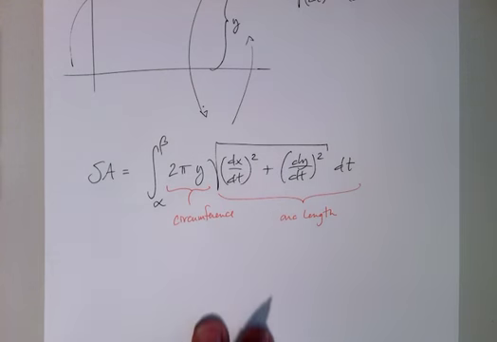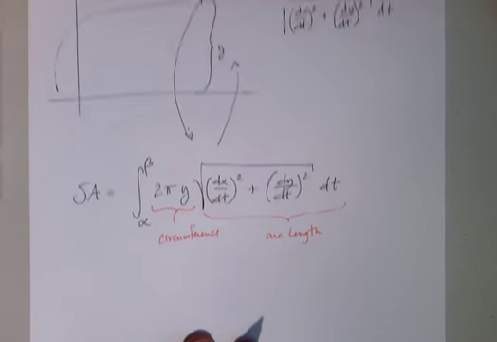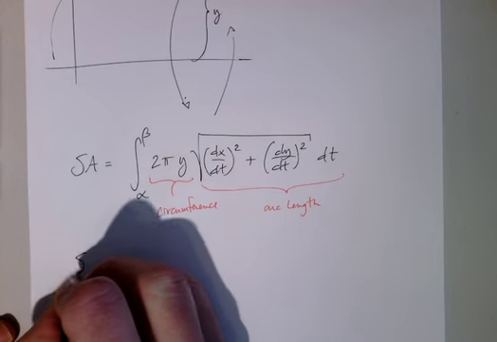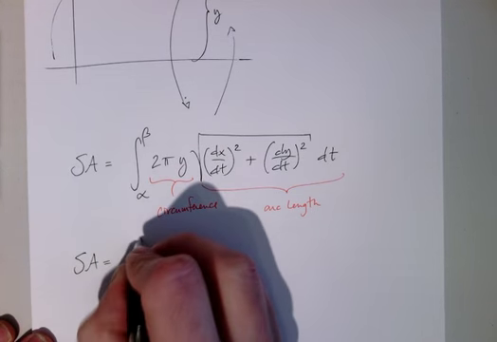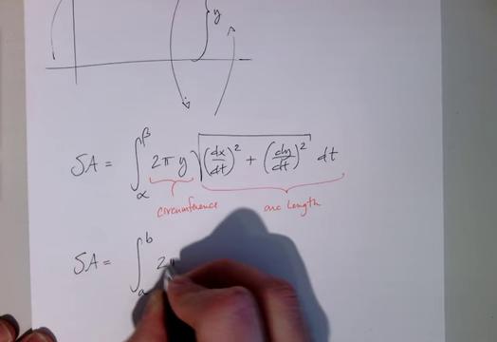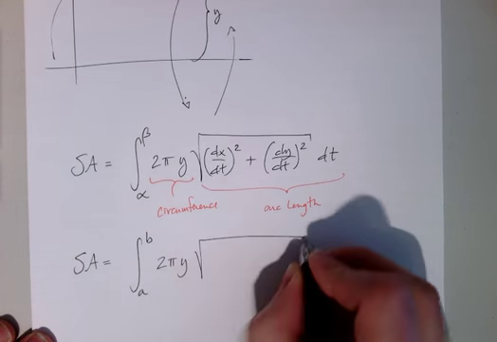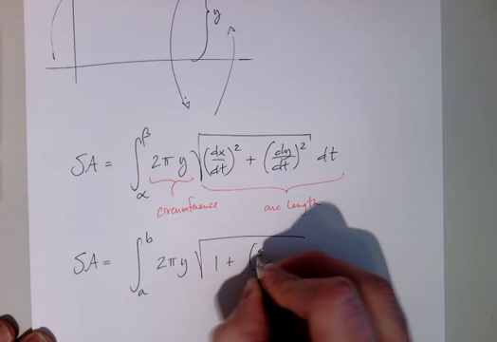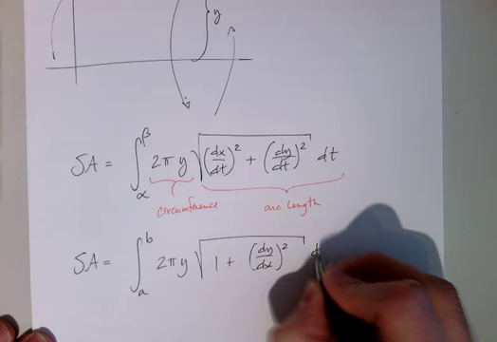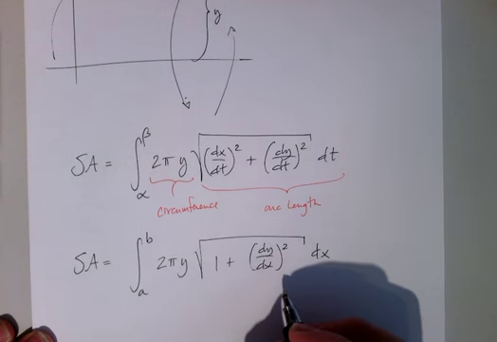And of course, this is related to the way that we have done surface area for functions, which went from a to b of 2 pi y times the square root of 1 plus dy dx squared dx. And it was the same exact thing.